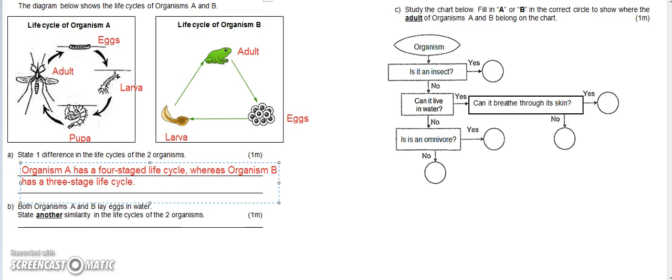This can also be another difference in the 2 organisms. Okay, so either one will give you the mark.